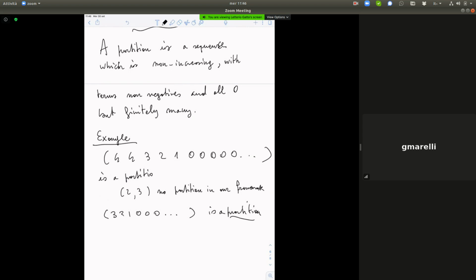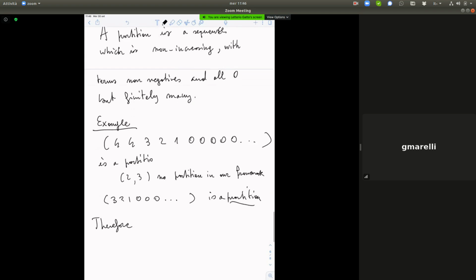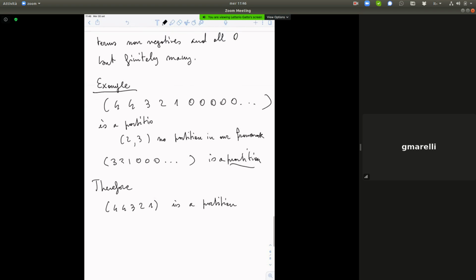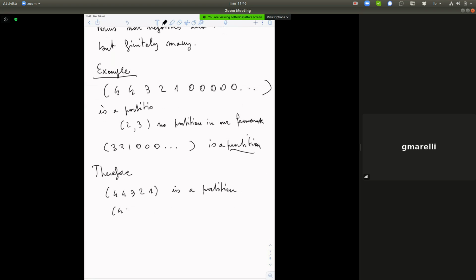So we just record the elements which are not 0. Therefore, 4, 4, 3, 2, 1 is a partition. And 4, 2, 1 is a partition. And you say, but partition of what? Partitions of what?